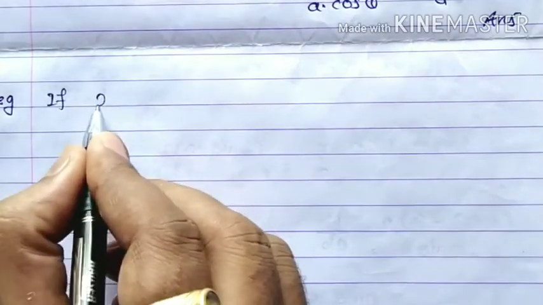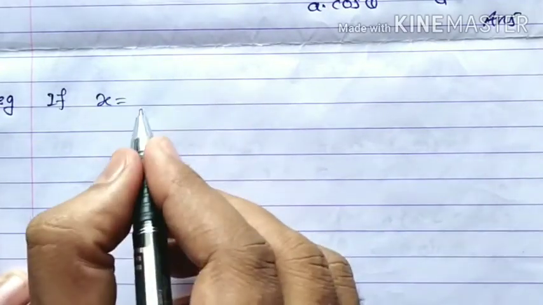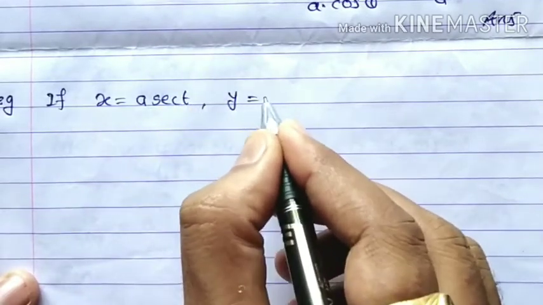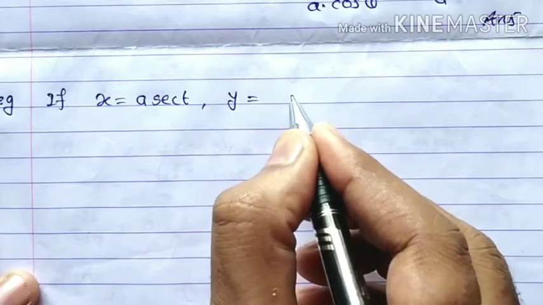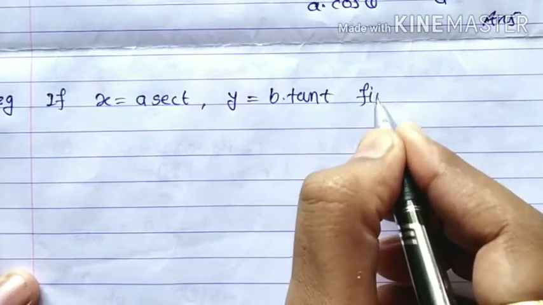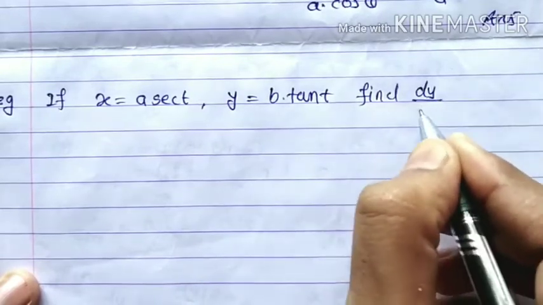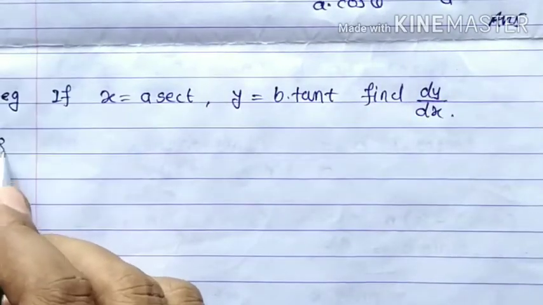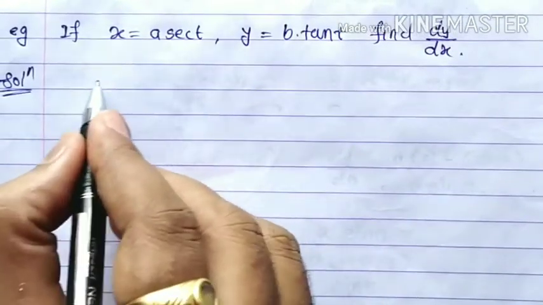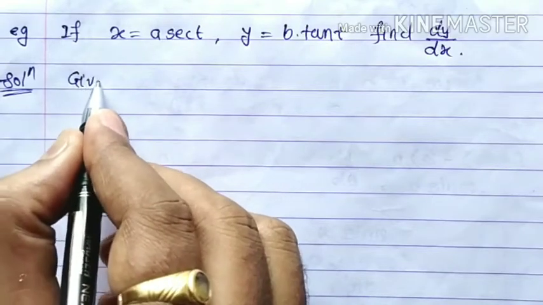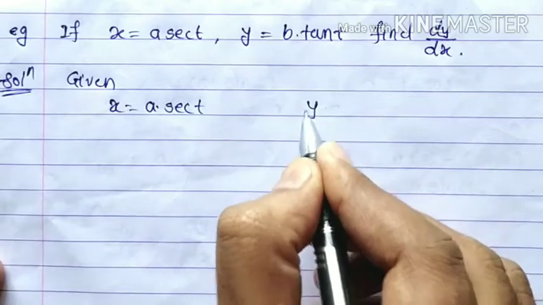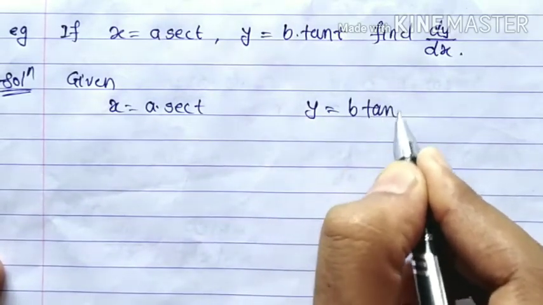Here we consider one more example. If x is equal to, suppose, a sec t and y is equal to, suppose, b tan t, find dy by dx. Let us write the solution. This is also a parametric function where the parameter is t. We start with the given values, x equal to a sec of t and y equal to b tan of t.